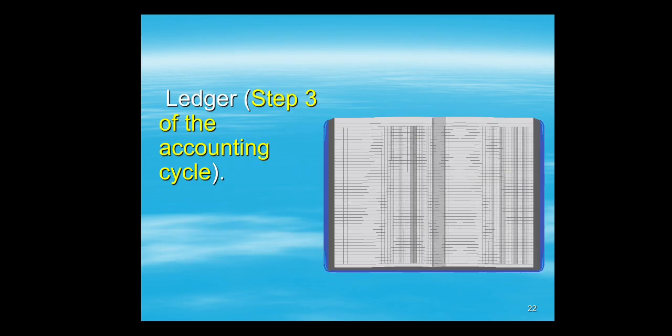Okay, so if you have to make accounting record for a business, it means that you have to do the journal entry every day. So every time a transaction happens, you analyze and then record in the journal every day until the end of the year.